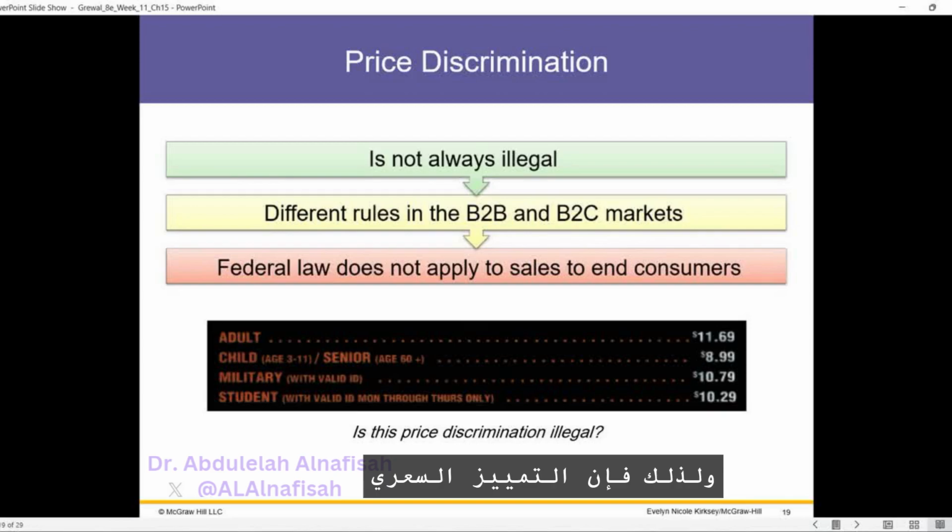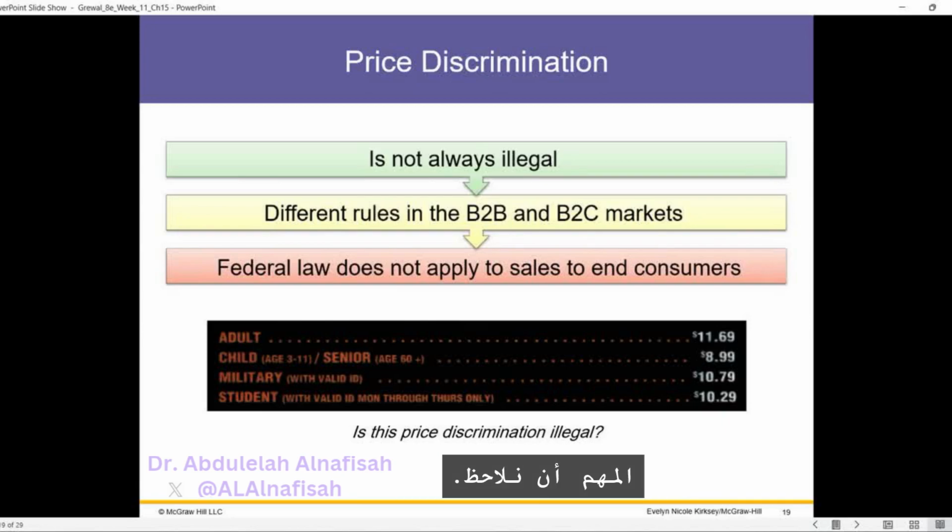Therefore, price discrimination that occurs when offering discounts to specific consumer groups, such as students or seniors, is generally acceptable under federal law. Similarly, in online auctions like eBay, sellers have the freedom to sell the same item to different buyers at varying prices, which is also considered legal price discrimination.